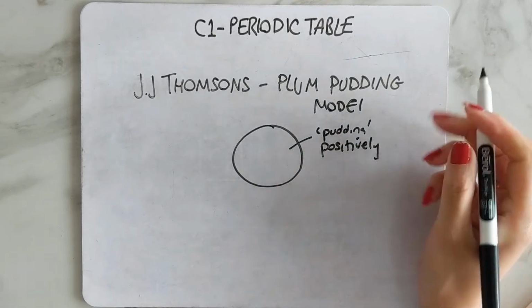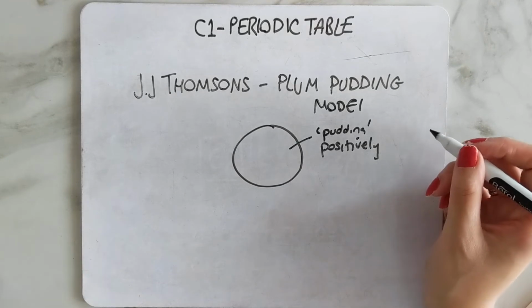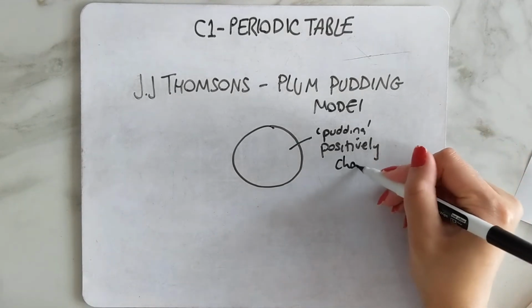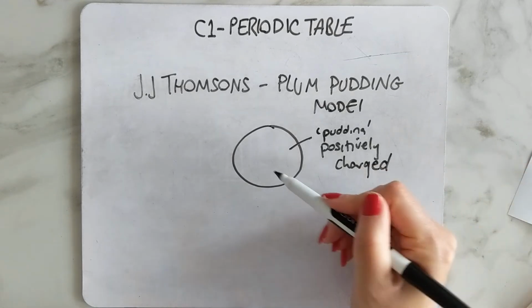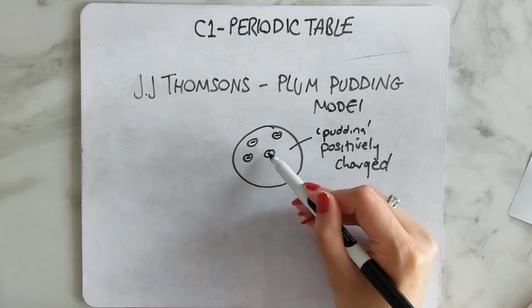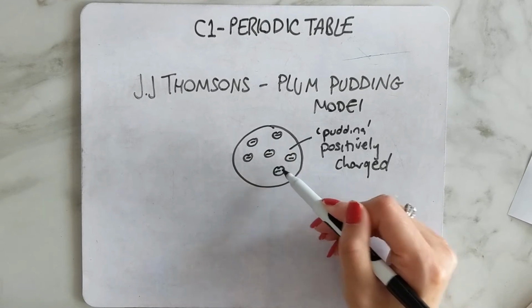So think of it, instead of a plum pudding model, you could think of it as a chocolate chip cookie. So the cookie itself is positively charged, and inside this cookie there were negative chocolate chips. So that's what he thought the atom looked like.